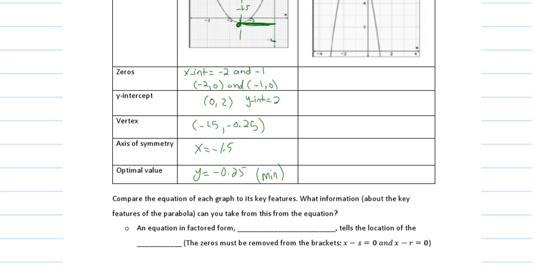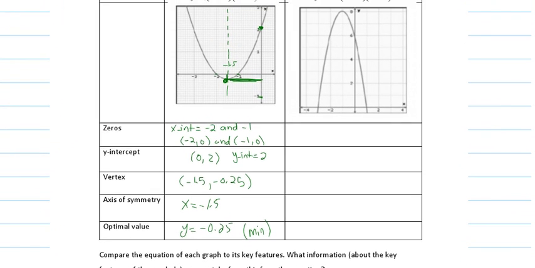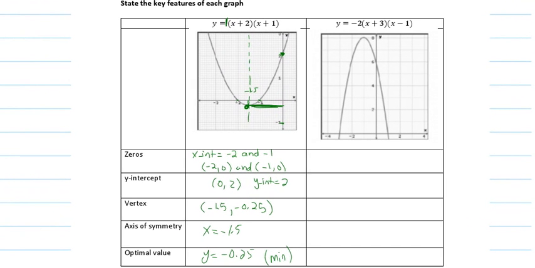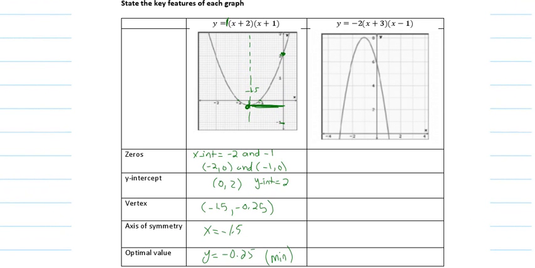Okay, let's look at the second one. So I have a quadratic function. Which way does it open? Downward, right. And the equation is y equals negative 2(x + 3)(x - 1). Does it make sense that it's opening downward? Yes, because your a value is negative. Good.